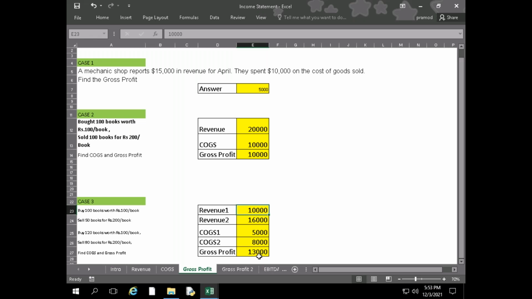No, sir, COGS 1 and COGS 2, I'm getting different answers. COGS 1, what is the formula you have used? Means from what to what you have multiplied. 100 into 100, sir.